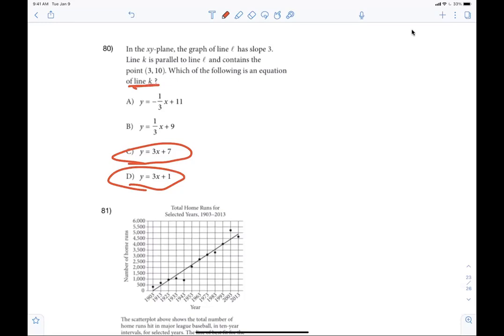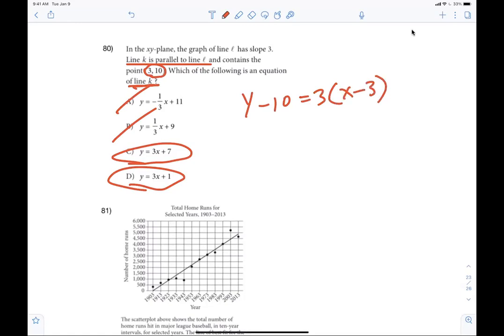L has a slope of what? 3. Line K is parallel, so that means it must have the same slope. So it's not A or B. Now remember, this right here is not the y-intercept. So you can just write it as y minus 10 equals 3 times x minus 3.